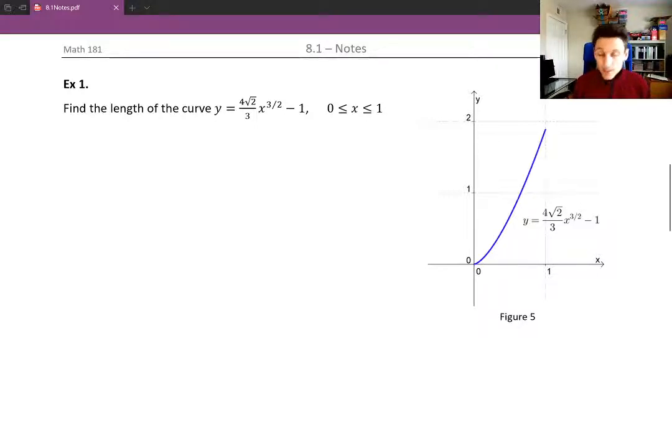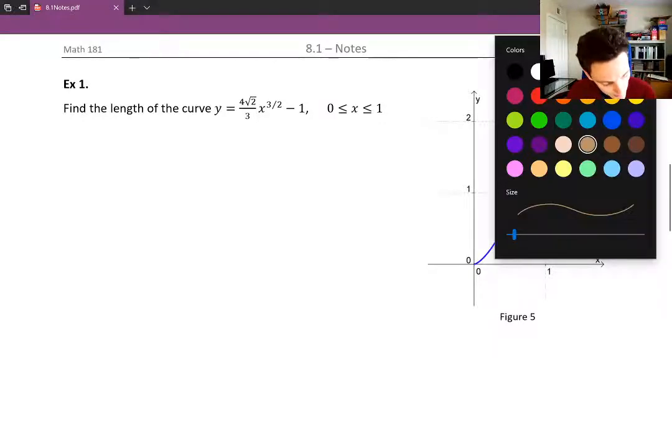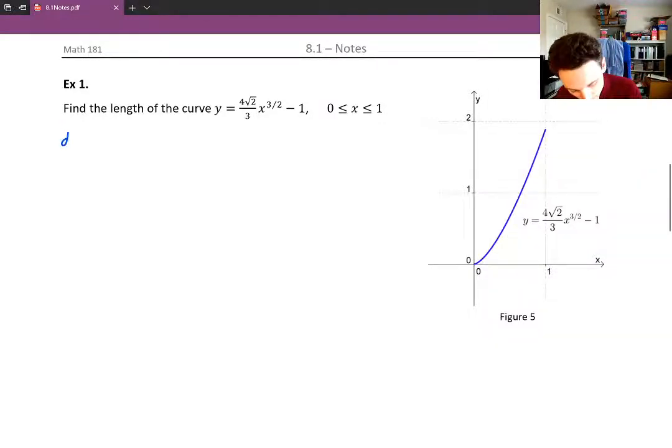Well, the first thing we're going to need is the derivative of our function. As we said in the last video, we need to find the derivative for our arc length formula. Now the derivative here is going to be 4 root 2 over 3 times the derivative of x to the 3 halves, which is 3 halves x to the 1 half.